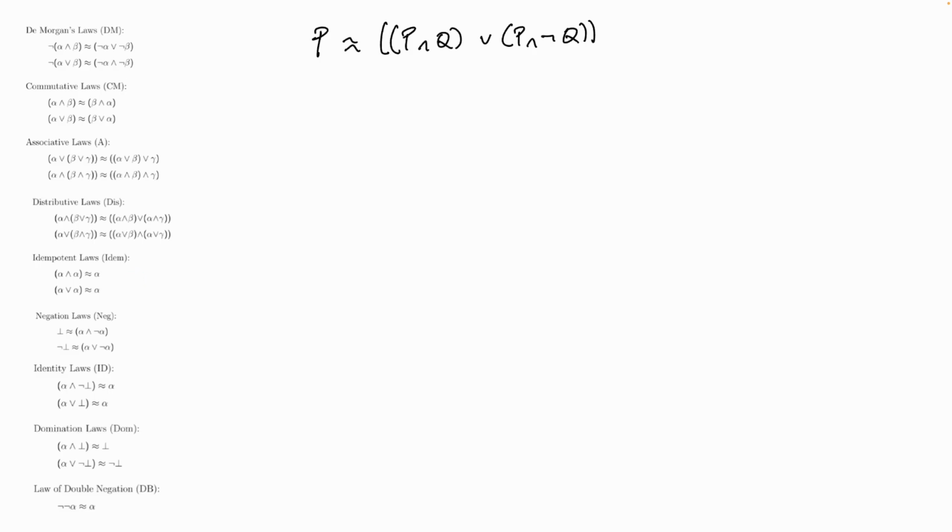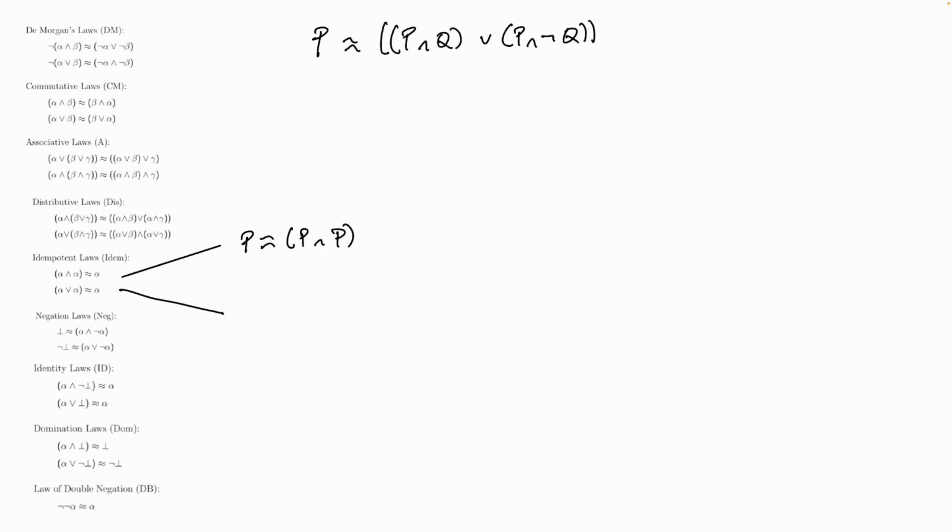Well, here we finally have a set of laws that tell us something about what further formulas P is equivalent to. The first law says every formula is equivalent to the conjunction of itself with itself. So from that first law, we can conclude that P is equivalent to P and P. The second law says that every formula is equivalent to the disjunction of itself with itself.